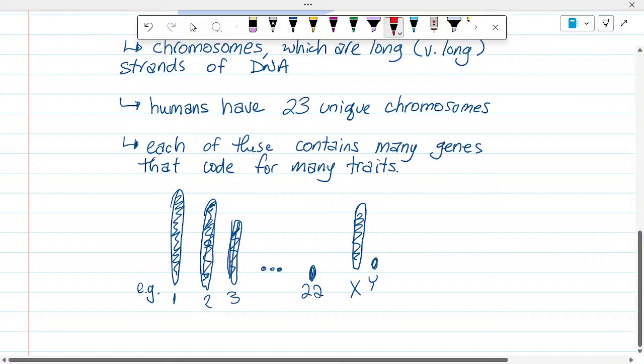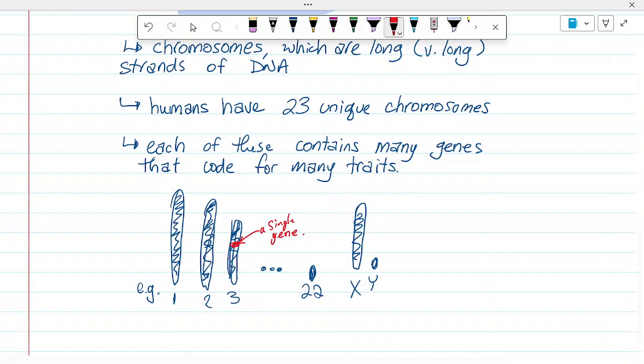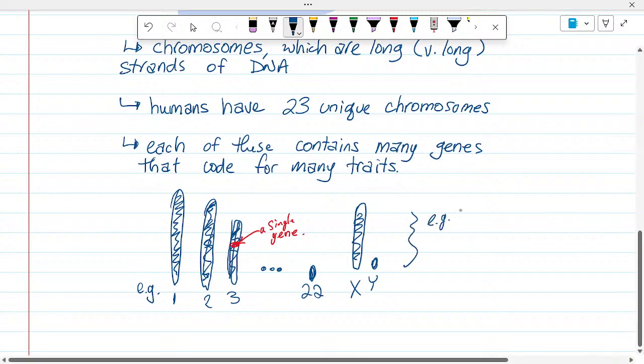So, for example, there could be a single gene located here. Does that make sense? And again, what are the chromosomes made of? DNA. Very good. So here we have an example of locating a single gene on our chromosomes.